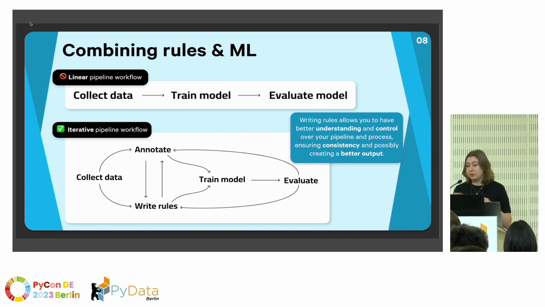In this project, we use rules to ensure annotation consistency by making it easier for annotators to catch things they might otherwise have missed. So we're able to iterate on our rules and create an iterative pipeline workflow instead of a linear one, as we gain more experience with our data, and in turn, this makes our whole pipeline process better.